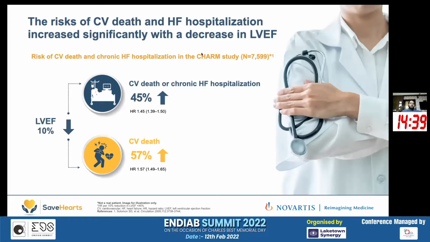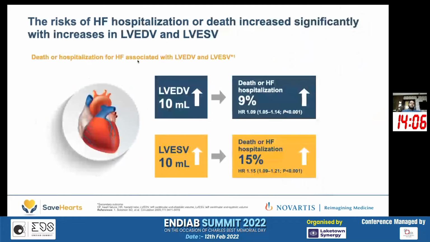Candesartan, which is an ARB, was used in patients, and what we found is that patients who had an ejection fraction fall, even by less than 10%, and when there was a remodeling that took place, the outcomes were much worse. The cardiovascular death increased dramatically as compared to patients who did not have a poor ejection fraction or who had an ejection fraction closer to 40%, as compared to patients who had an ejection fraction much lower than 40% with remodeling.